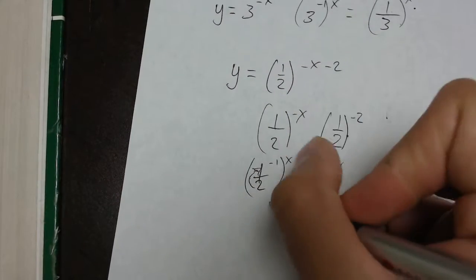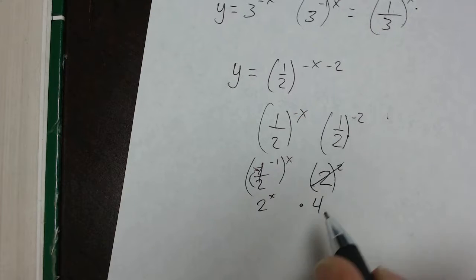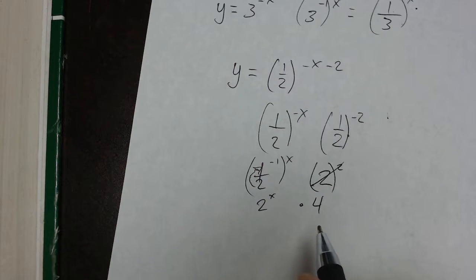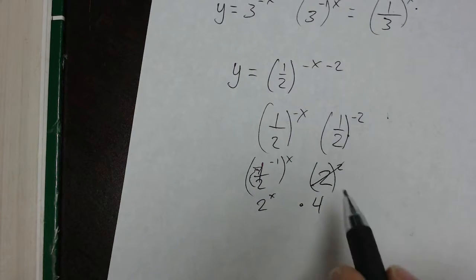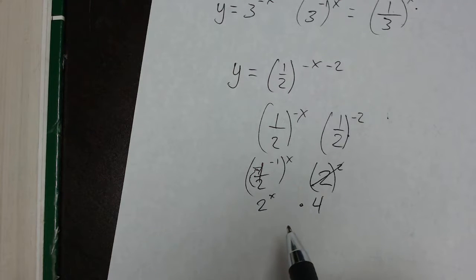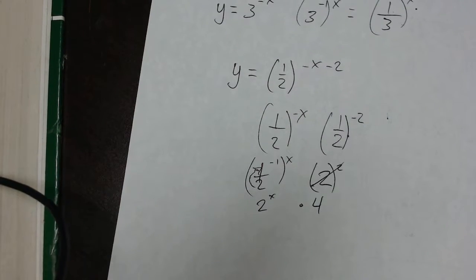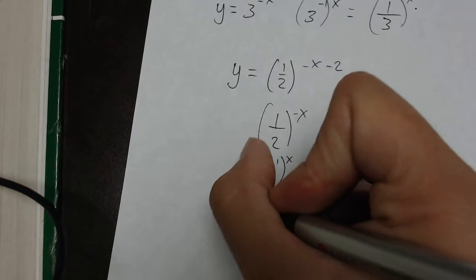So this just becomes 2 to the exponent of x times 4. And then if I multiply these, I just end up getting, can I do it as 8? Hold on, let me think here. Oh, no, I think I'll just leave it like that.